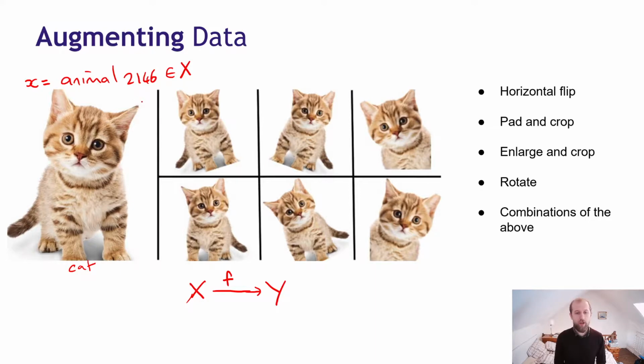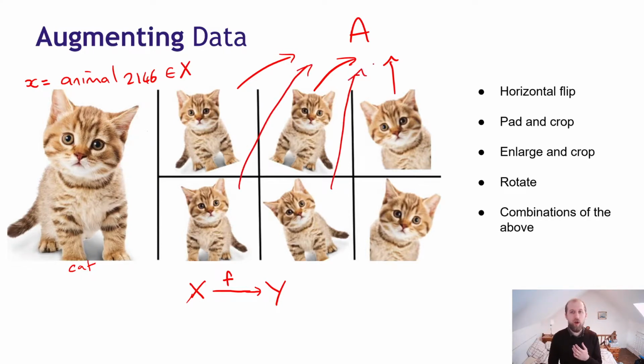What is going to happen with self-supervision is that you're going to do all of these augmentations, but you're going to add an extra step. So now I'm going to say that these augmentations are going to be in a set called A. Right? So it's all of these.